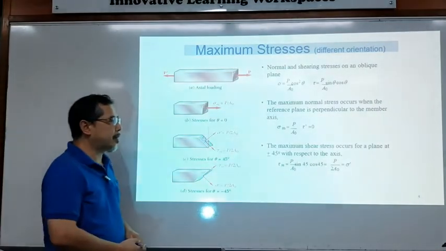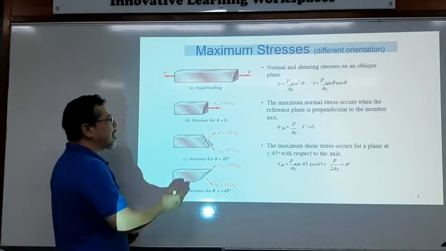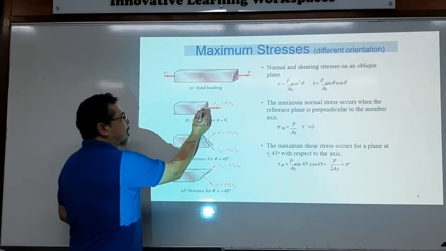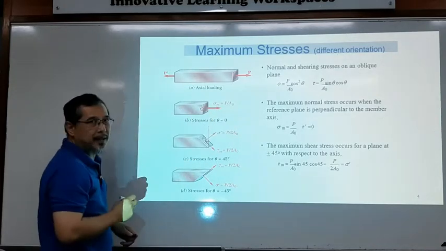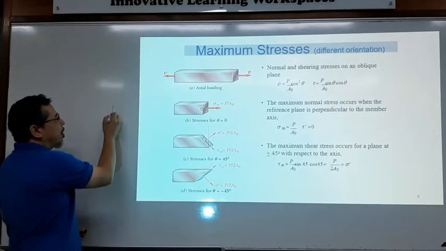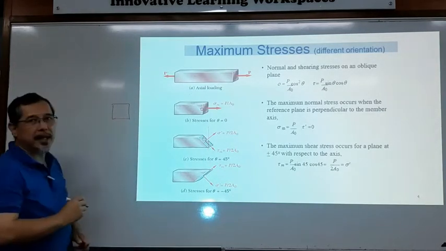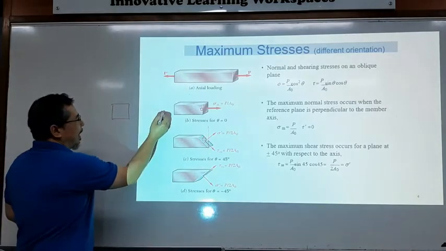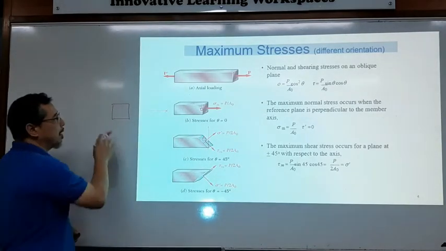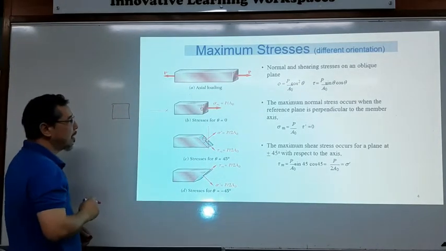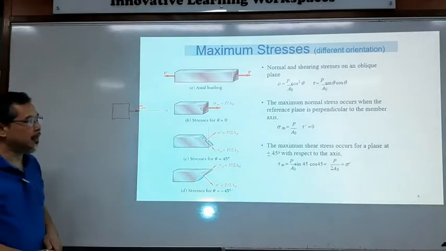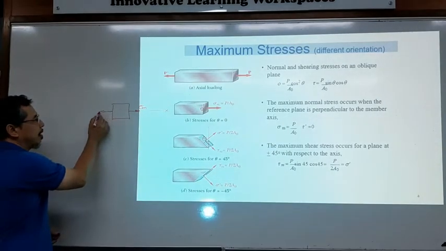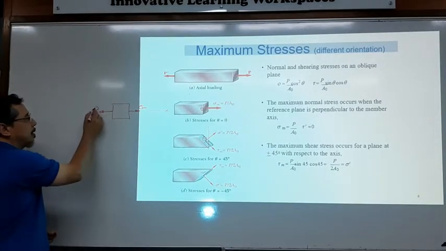So if we take an element here, that element is in the axial direction. Therefore, for a 2D element in the x direction, the longitudinal direction, we will have sigma here, which is the maximum normal stress for this problem.